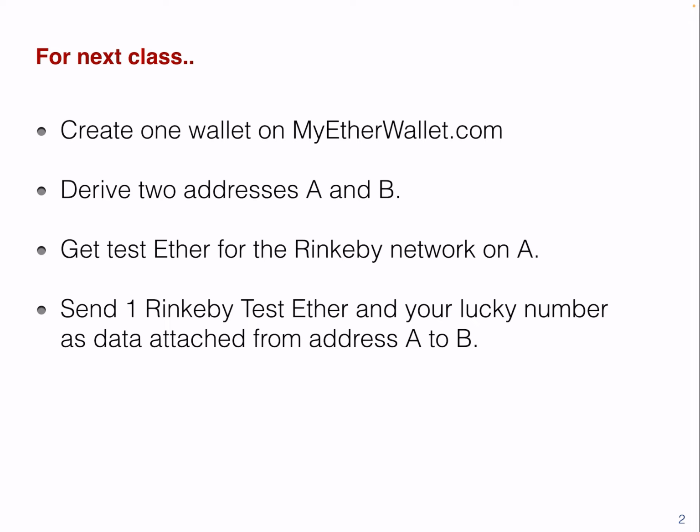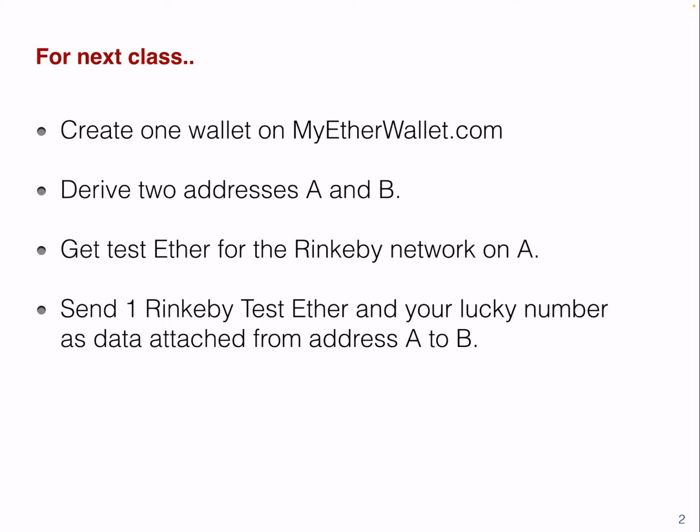Now, please derive two addresses, A and B, right? So you will have two addresses in your wallet, and then try to get some test ether for the Rinkeby network towards address A. You can get Rinkeby ether by typing in your favorite search engine Ethereum faucet.